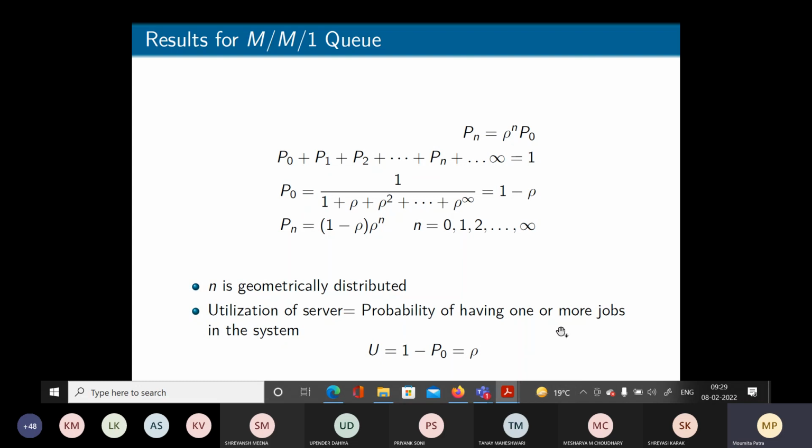And here we get to know why the utilization of a server is given by rho, because it is equal to the probability of having one or more jobs in the system.